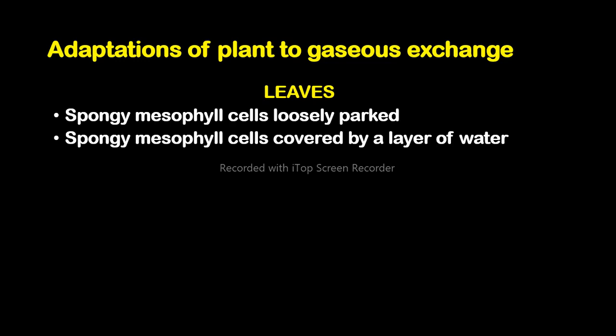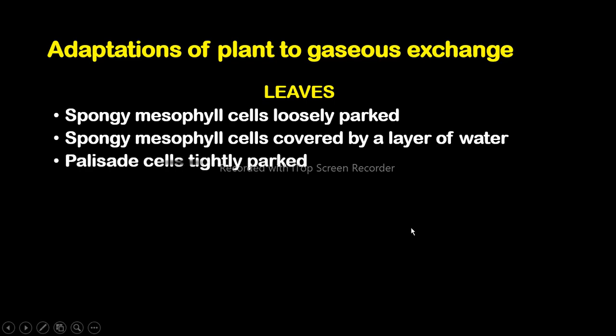But now you also fill these air spaces with water so that the cells are covered by a layer of moist air, or a layer of water if you are to be specific. And so it is that layer of water that increases the rate of diffusion, so that at any time the cells will receive enough air.